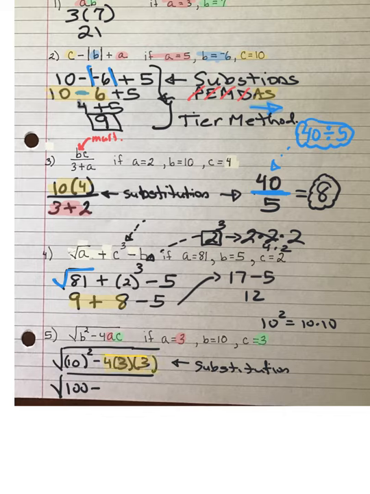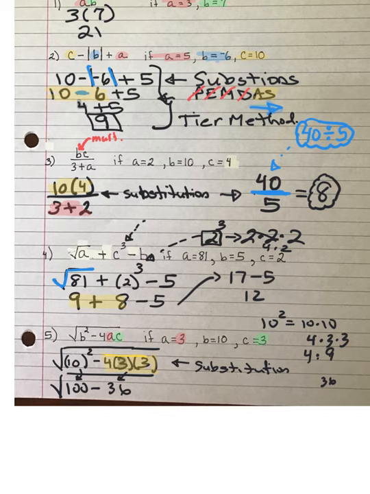So off to the side of my paper, what is 4 times 3 times 3? Well, I can do 4 times 3 is 12, and 12 times 3 is 36. Or, since it's all multiplication, couldn't I do 3 times 3 is 9, and then 4 times 9 is 36? Wouldn't that be smarter? So 10 squared is 100, and 4 times 3 times 3 is 36.